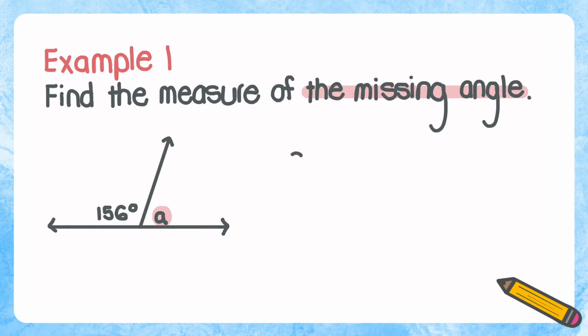Because they are supplementary, I know that A plus 156 degrees equals 180 degrees. From here, I want to solve for A, the missing angle.